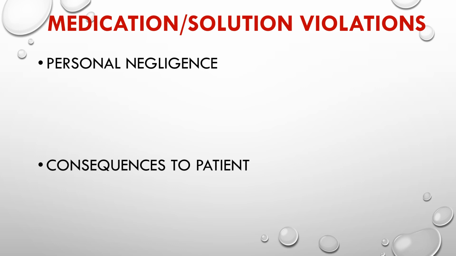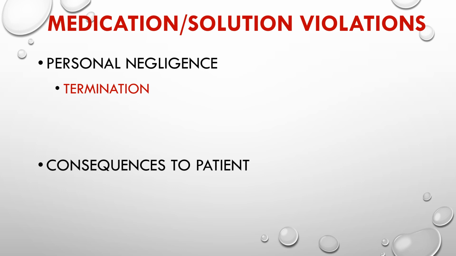All right, so we talked about all of these laws and guidelines. Essentially, what happens whenever those are violated? As a healthcare worker, you are responsible for these laws. So if you are negligent, what happens to you? Personal negligence: these are the consequences that would be in place if you do not follow these different guidelines.